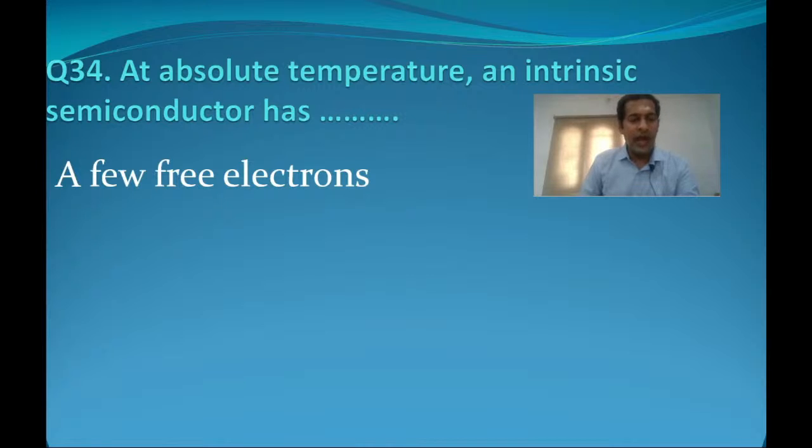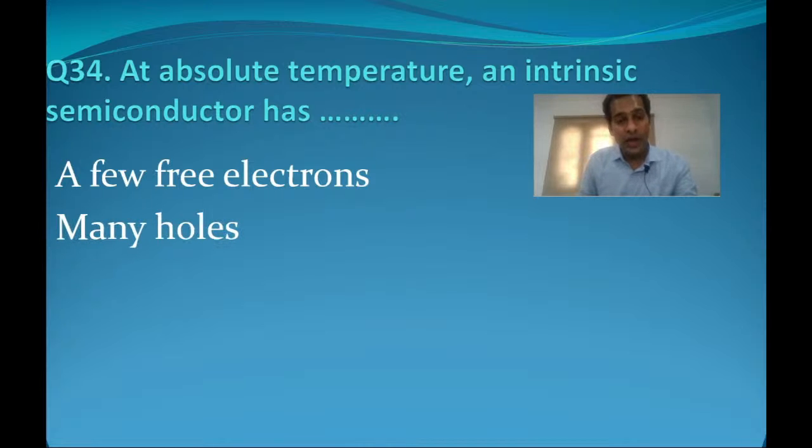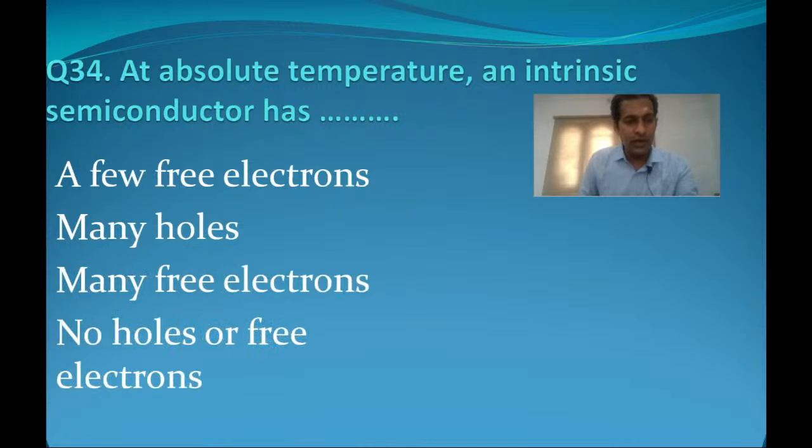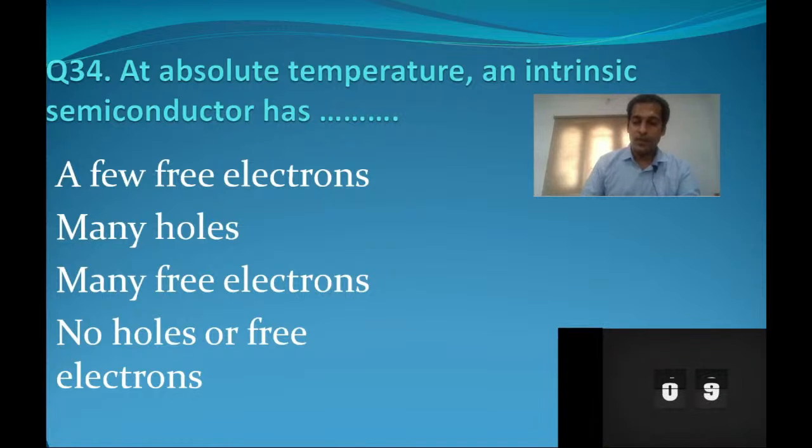Next question is, at absolute temperature, an intrinsic semiconductor has dash dash. So what happens when the temperature is absolute? A few free electrons, many holes, many free electrons, no holes, or no free electrons. Your time starts now.